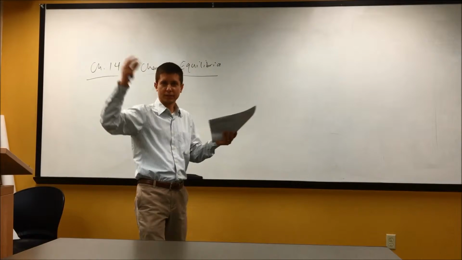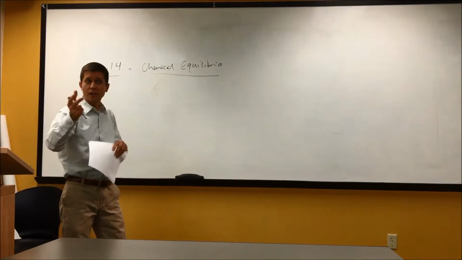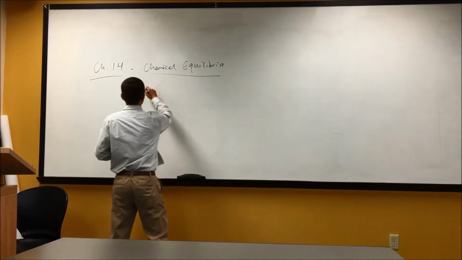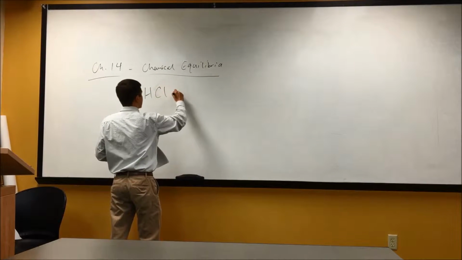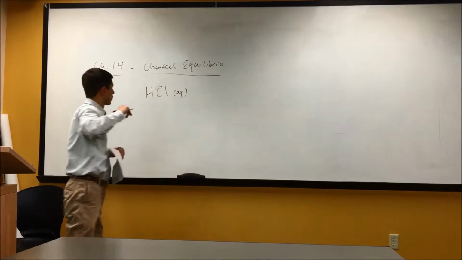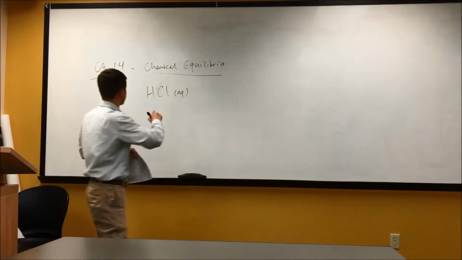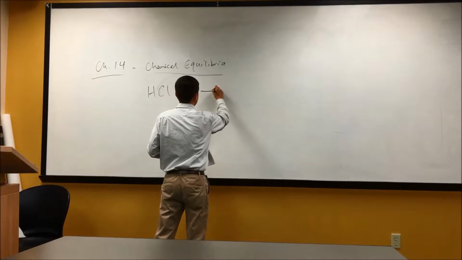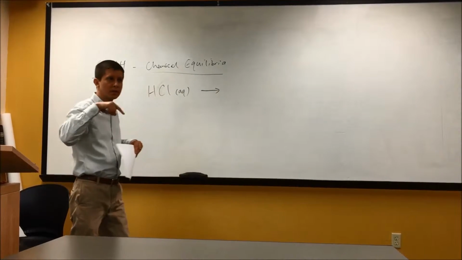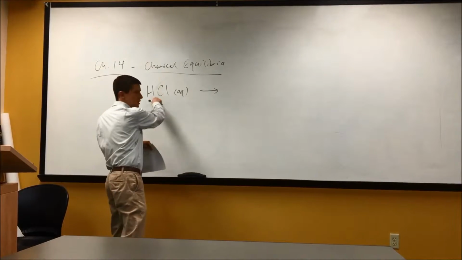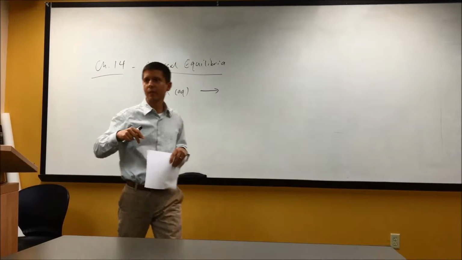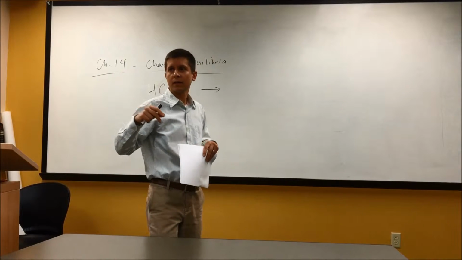So somebody give me your favorite strong acid. Hydrochloric, it's like the one they always use. What happens to hydrochloric acid when it's in solution, if you write a reaction for this? HCl aqueous looks like what in solution? It really doesn't look like these HCl molecules stuck together. It looks like what, JC? H plus and Cl minus.